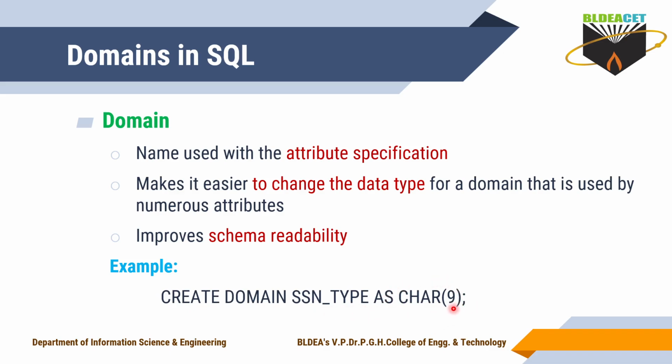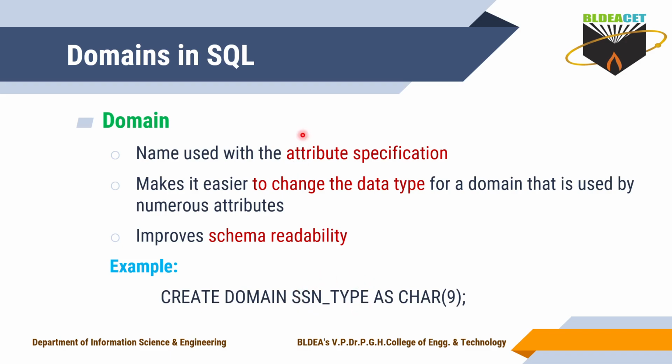As I told you, char(9) is a fixed length of 9 characters. So now you are creating SSN_type as a domain. The actual data type in SQL is char(9), but in place of that you can use the name SSN_type, a data type created by you.